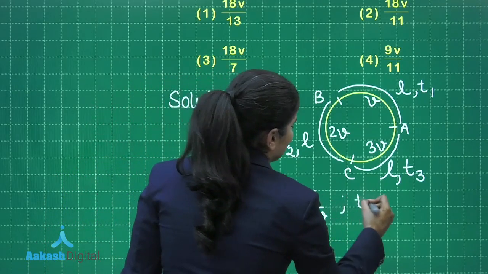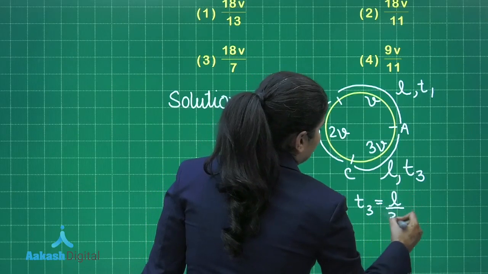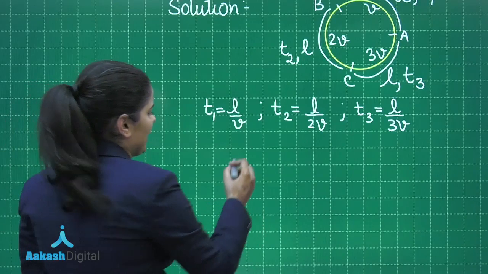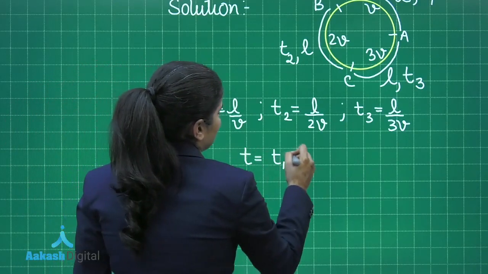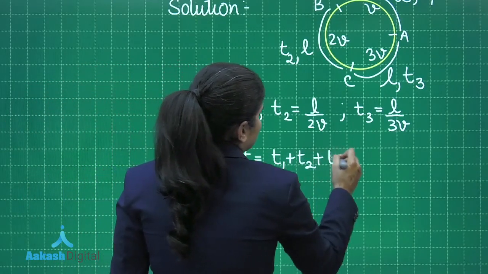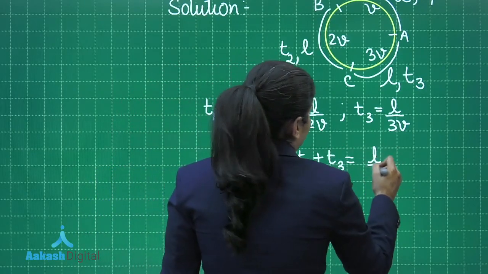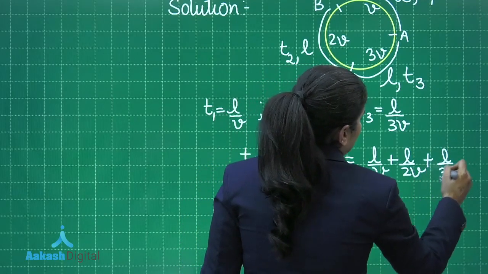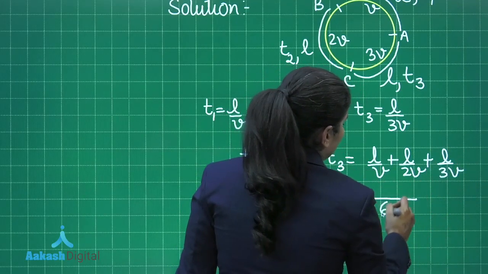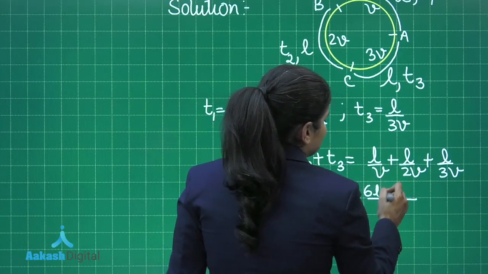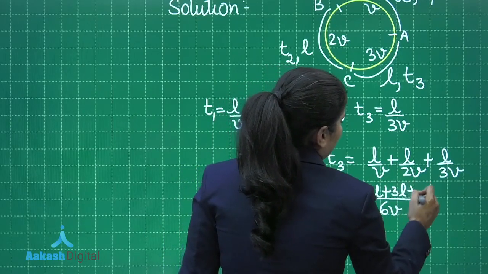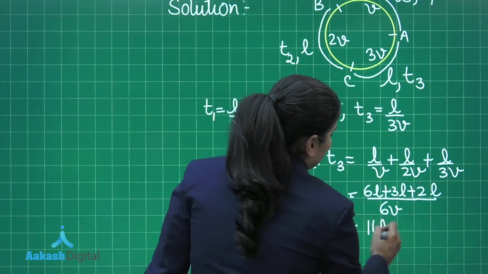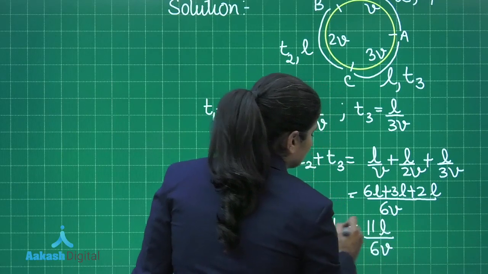We can write t3 as L by 3v. Now we can find out the total time. We need to find out the total time, and that will be simply the sum of t1 plus t2 plus t3, and that will be L by v plus L by 2v plus L by 3v. We can take up the LCM to be 6v. In the numerator we will have 6L plus 3L plus 2L, and we will add them up. That will come out to be 11L by 6v. So this is the total time.